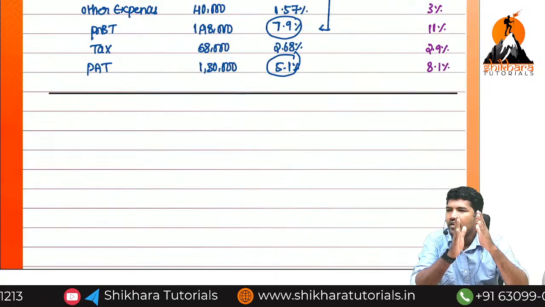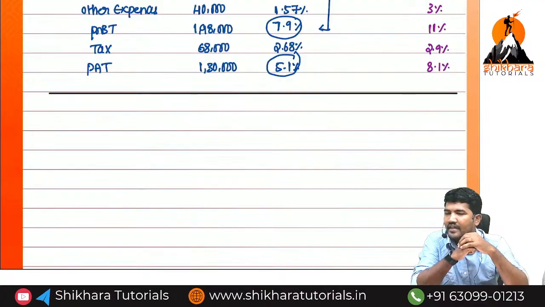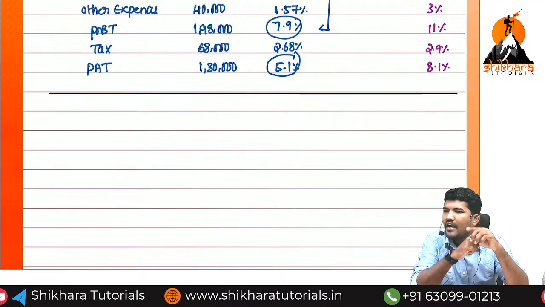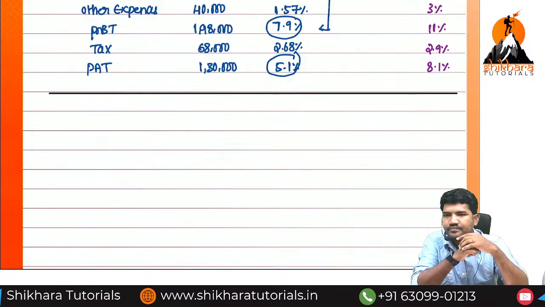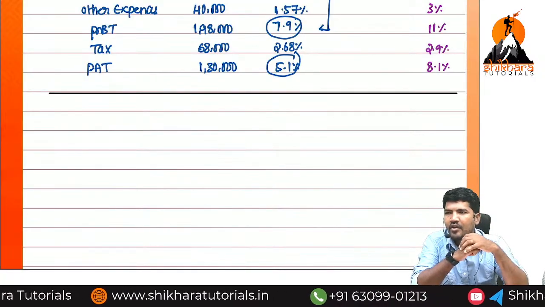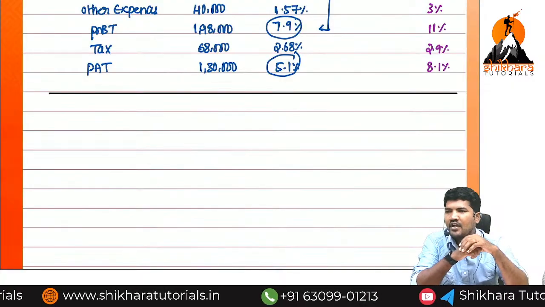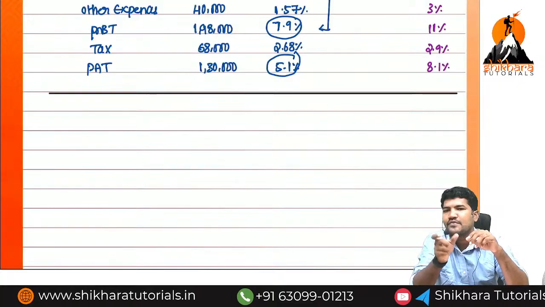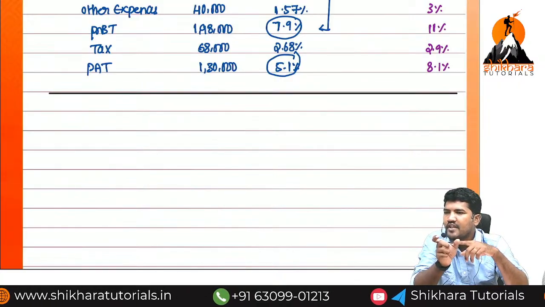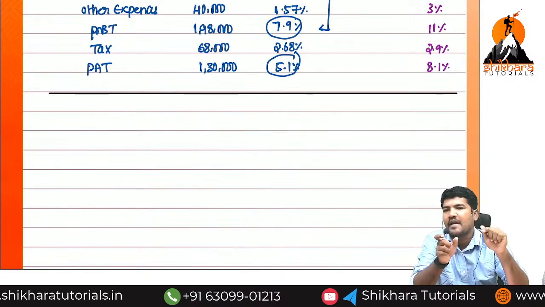The amount alone can't serve as a proper decision tool. That's why we are converting into percentage. We are creating another column called percentage change. Now change represents new minus old. Percentage change represents new minus old divided by old into 100.